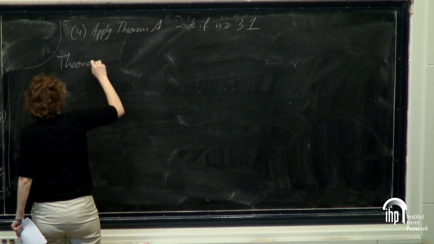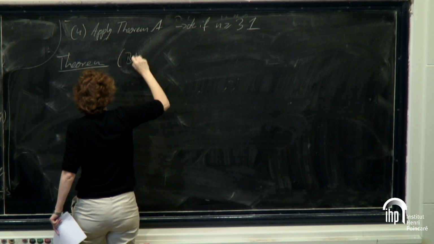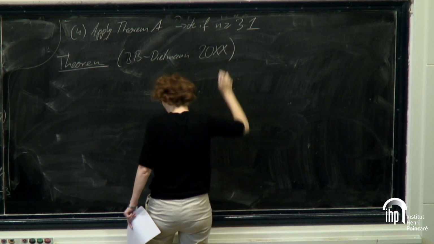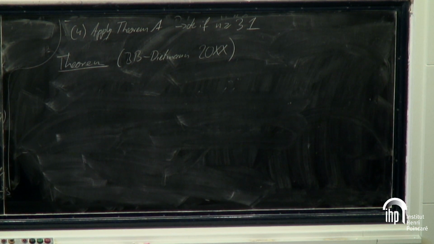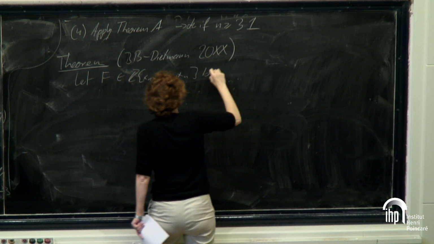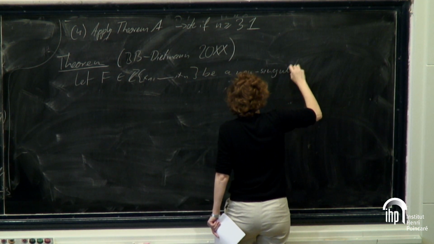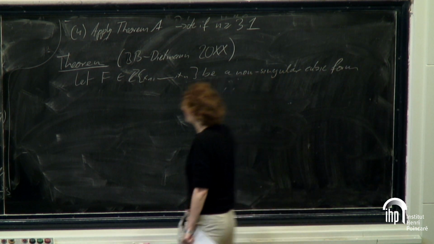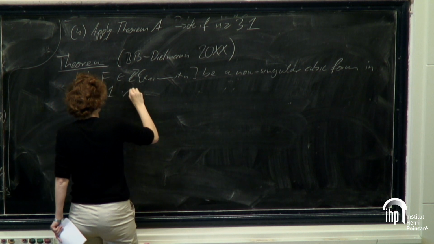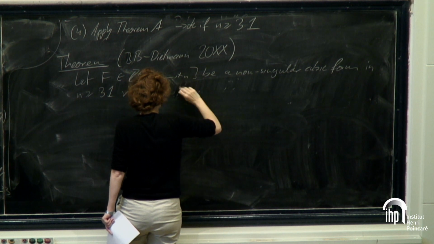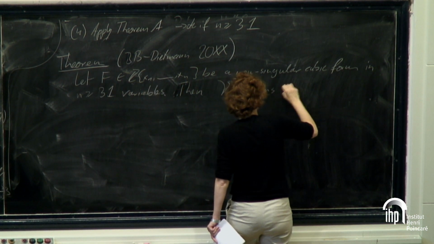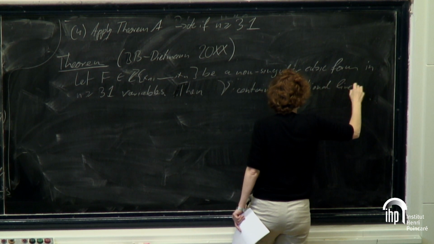So, this was on the archive last year. Let F be a non-singular cubic form in at least 31 variables, then V contains a rational line.